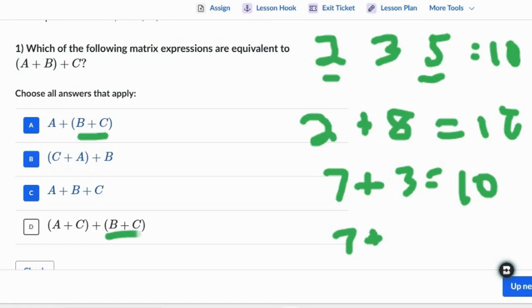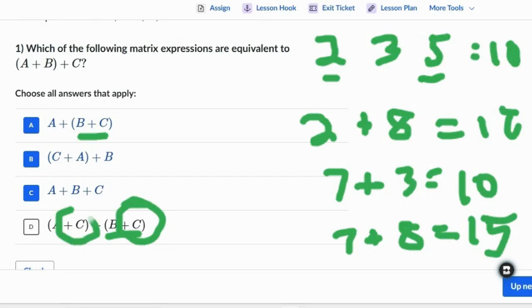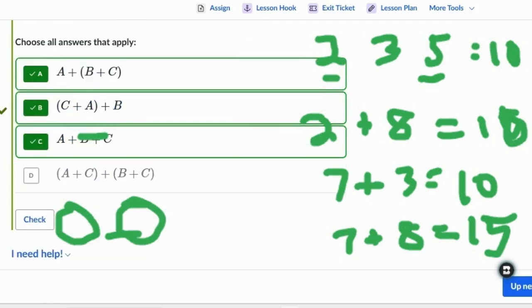And then B plus C. And that's 8. That doesn't work because we've added C twice. There's 2 C's in there. So you're right. A, B, and C are all the same. They're all 10. Perfect.